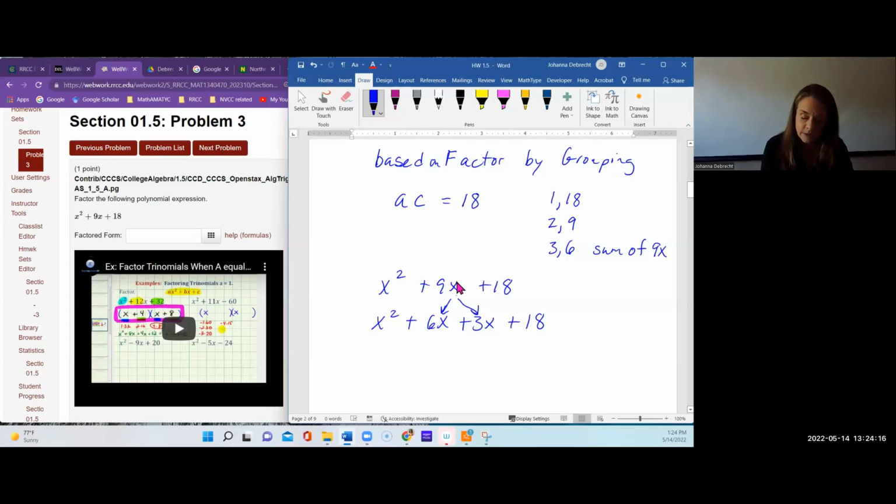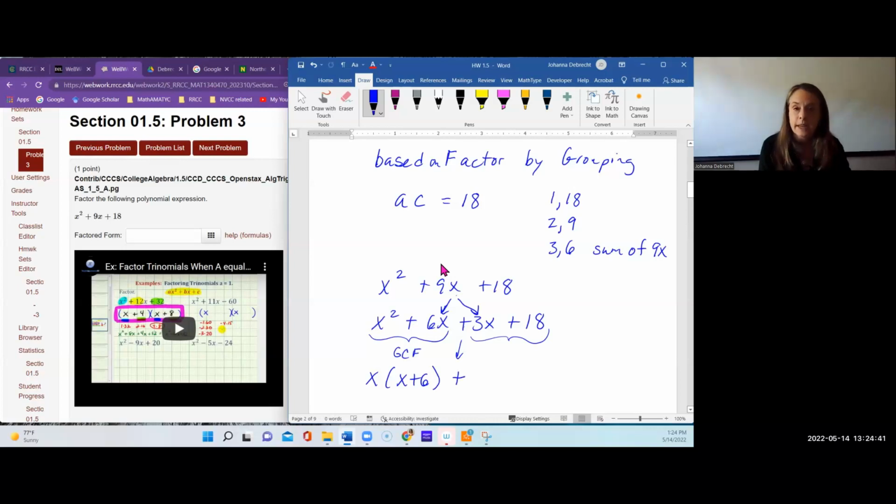Then I look down here and I've grouped these, usually in the order that they're written. I look for the greatest common factor on each one. The greatest common factor on the first pair is x and leaves behind x plus 6 when I factor it out. On the second pair, this plus has to come down here as part of what I'm taking out.